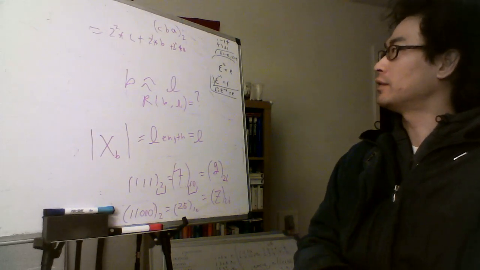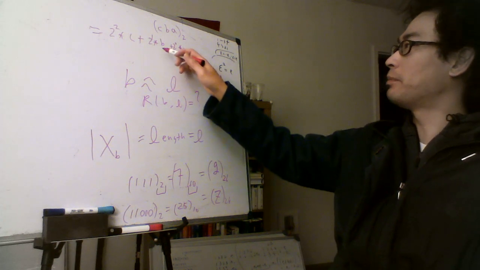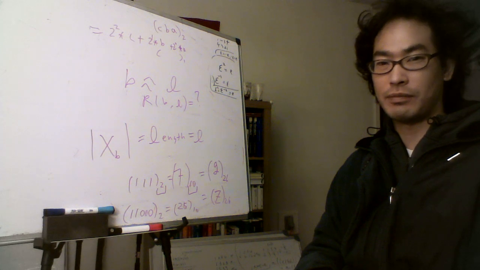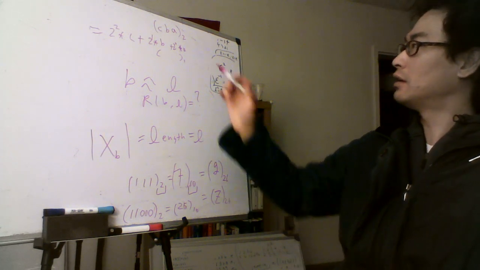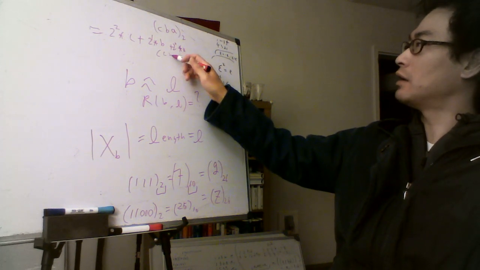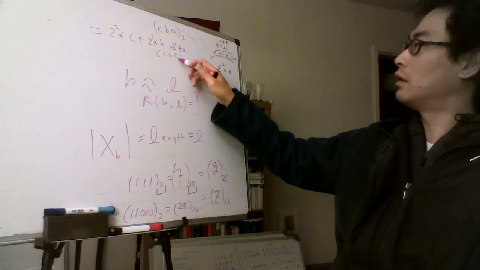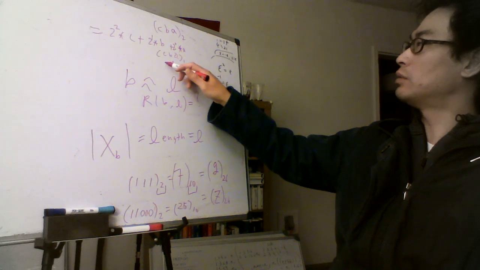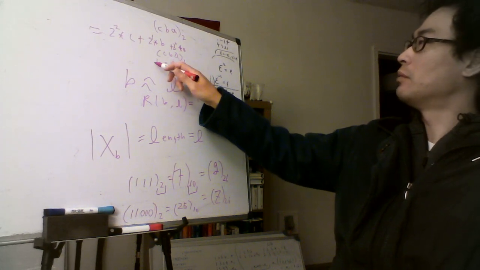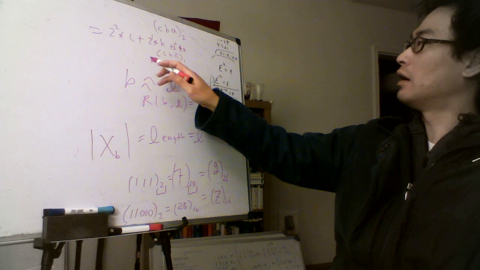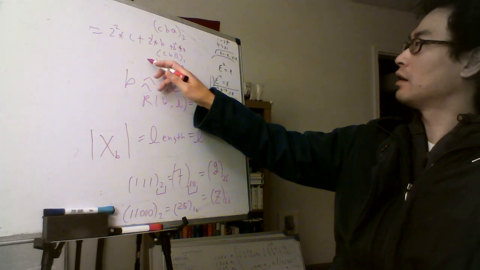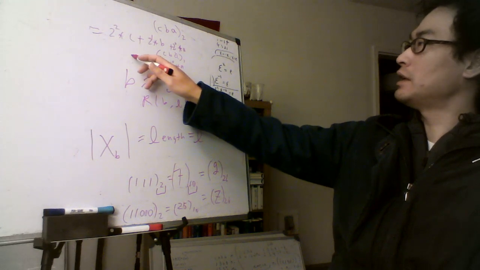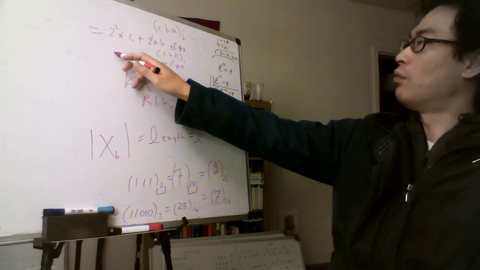But how about a base 1 system? It's kind of a boundary case. So CBA: A multiplied by 1 to the 0, plus B multiplied by 1 to the 1, plus C multiplied by 1 to the second.